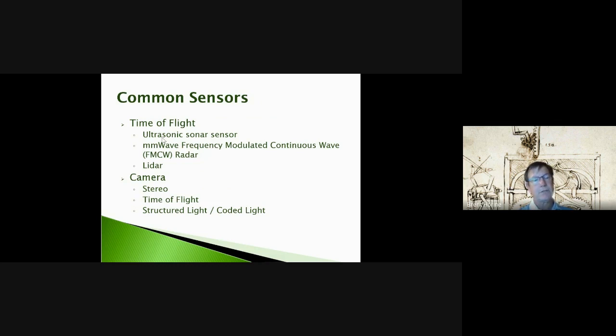We tend to compare the time at which we sent it out with the time that it arrived back, and if we know the propagation velocity of that wave, sound wave, radar wave, radio wave, or light wave, then if we know the velocity through that whole process, we can calculate how far away it is, right?